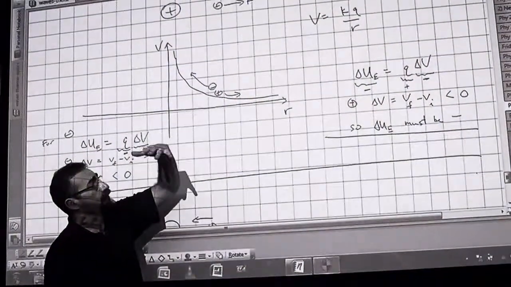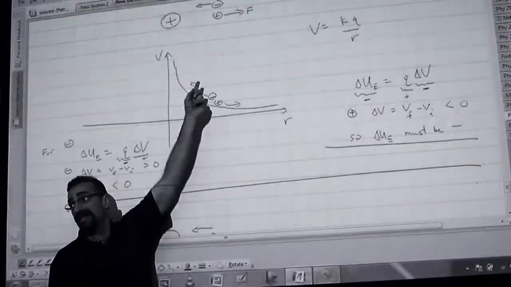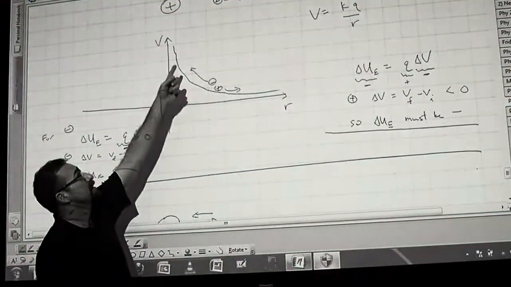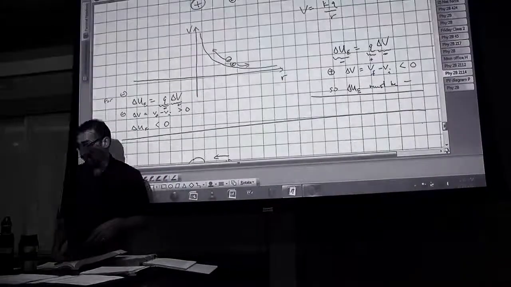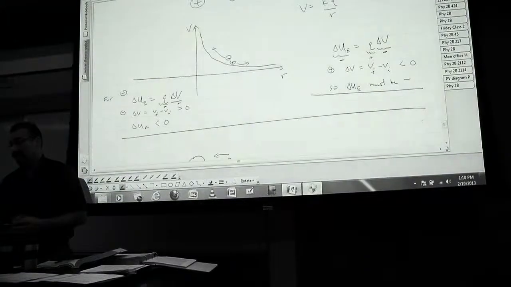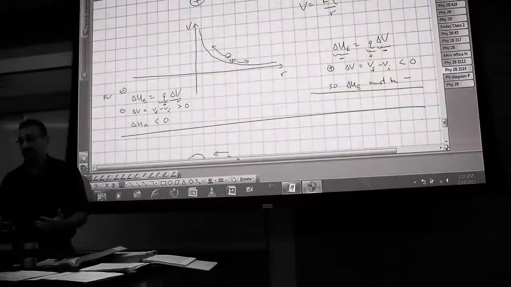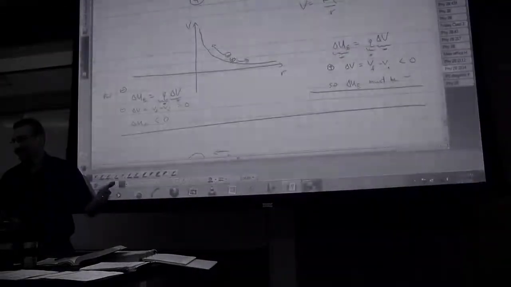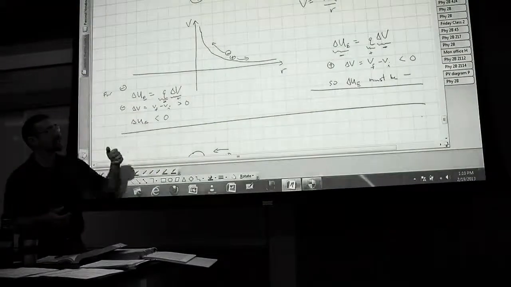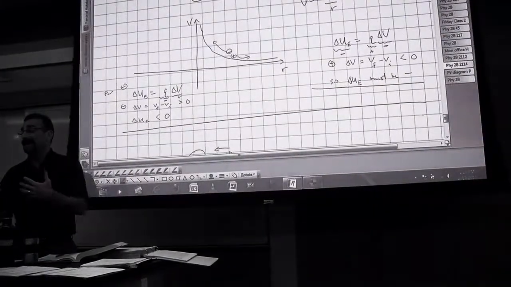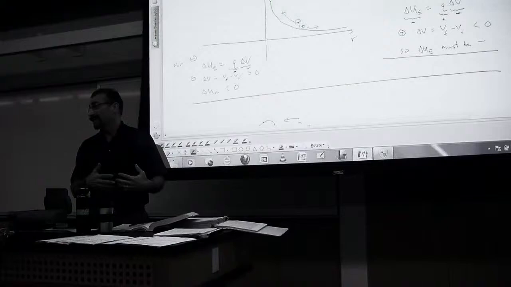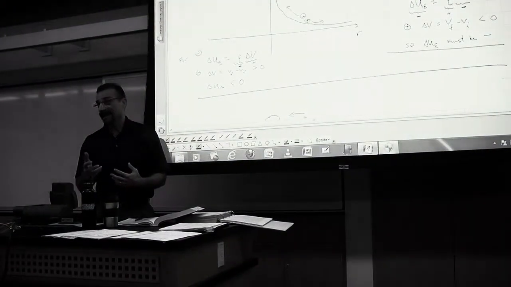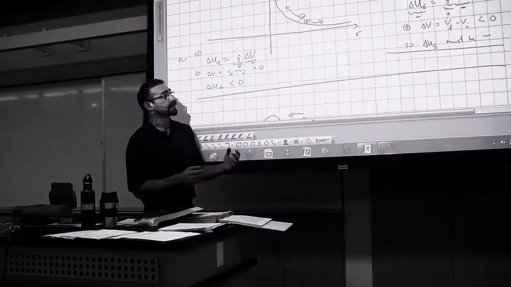So for a negative charge sitting in front of a big positive charge, exactly the opposite is true. A negative charge, we say it wants to roll uphill. It wants to go to higher electric potential, because that's where it has lower potential energy, because the minus sign switches everything.